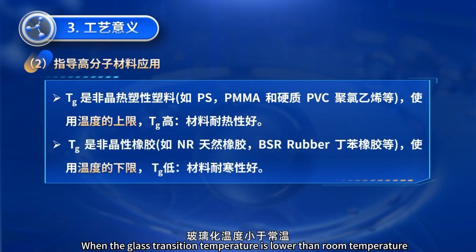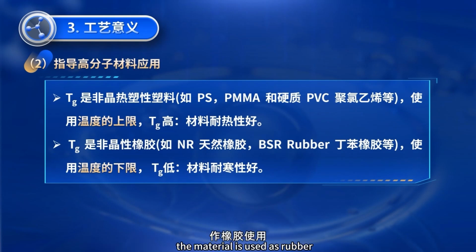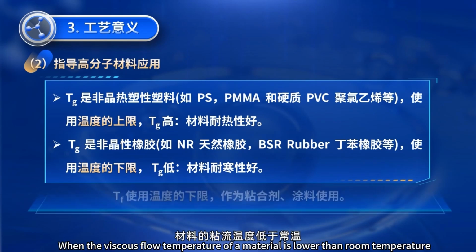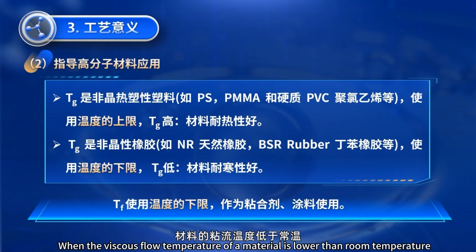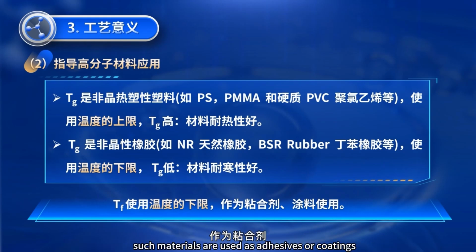When the glass transition temperature is lower than room temperature, the material is used as rubber. Moreover, the lower the Tg, the better the material's cold resistance. When the viscous flow temperature of a material is lower than room temperature, such materials are used as adhesives or coatings.